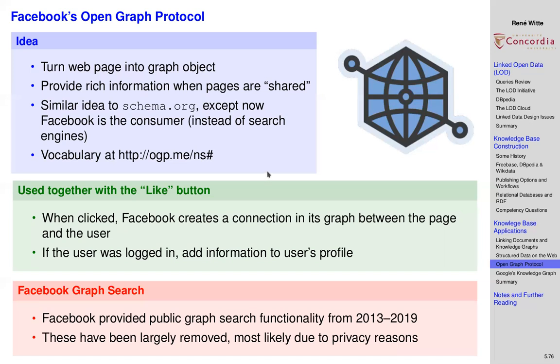They never said explicitly why they removed it, but it's pretty obvious that there were a lot of privacy implications, because these graphs that Facebook is building are very detailed, and you can write some very fine-grained queries. This was, for example, a way you could stalk someone using some cleverly crafted queries.